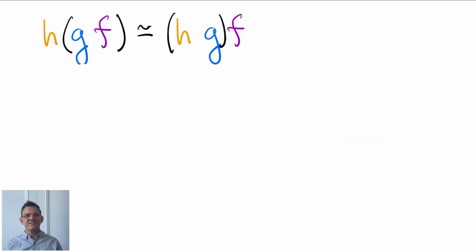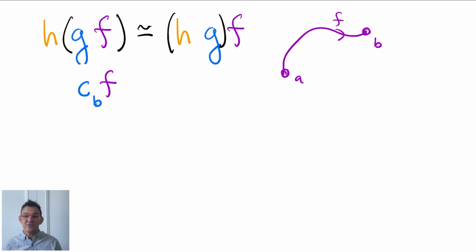Now, back to path concatenation. The mild reparametrization required to go from h concatenated with (g concatenated with f) to (h concatenated with g) concatenated with f shows that these two ways of concatenating three paths result in homotopic paths. Also, the constant path at each endpoint works like an identity for concatenation up to homotopy.